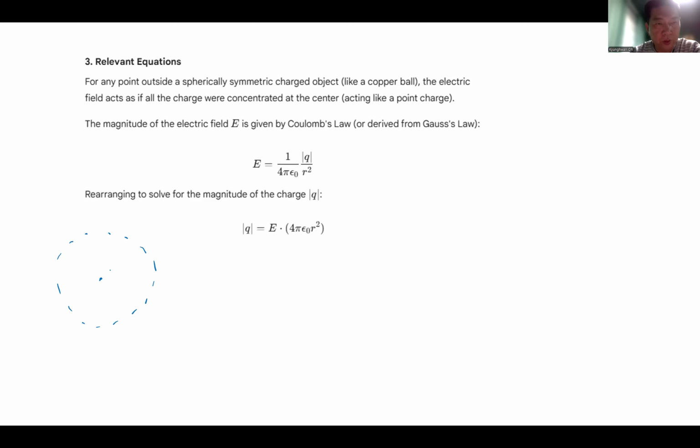Whatever it is, it shrinks into the charge at the center, and the total charge is going to be Q. And then in this case, we all know what the electric field is, given by this one. We already know what the electric field is, we know what R is, and then we can find out Q. Okay, so the key thing is that whatever the shape is, it reduces to a point charge with the net charge.